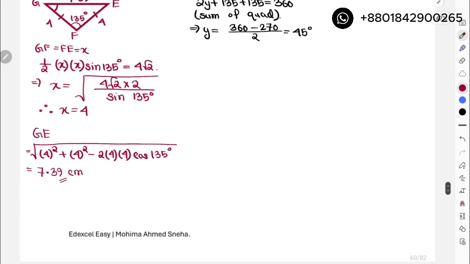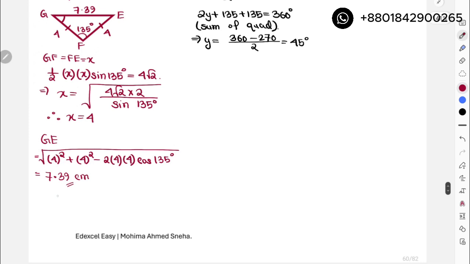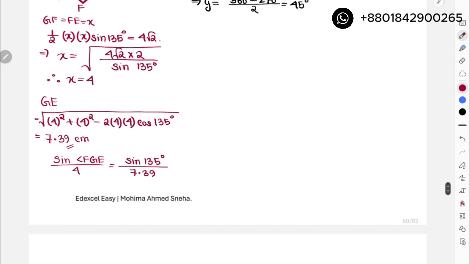For that sine rule, we can write the equation as sine of angle FGE divided by 4 equals sine 135 divided by 7.39.